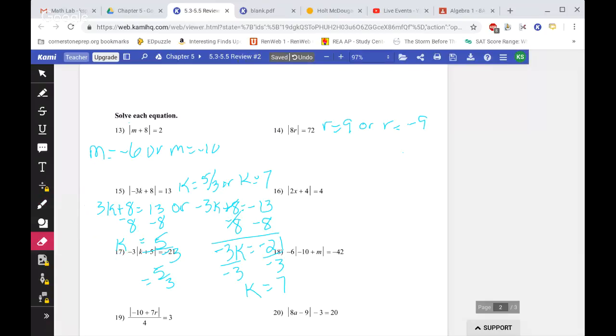How's everybody doing on these? So when you do leave it in a fraction, you do reduce? Like 5/3, as small as it'll go?